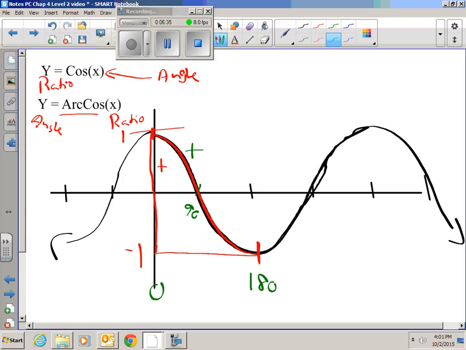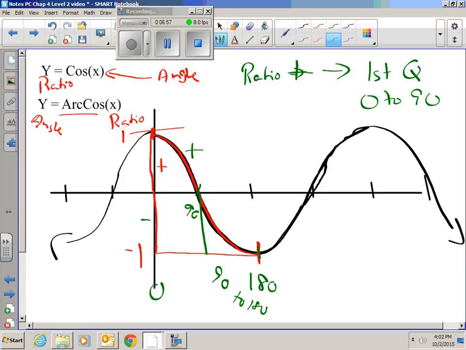If my ratio is negative down here, my output is going to be a second quadrant angle from 90 to 180. So again, if the ratio is positive, my output is a first quadrant angle, 0 to 90. If my ratio is negative, my output is going to be a second quadrant angle, 90 to 180.